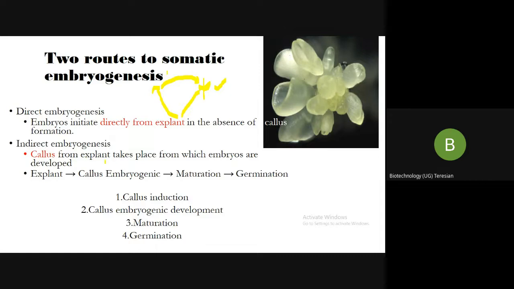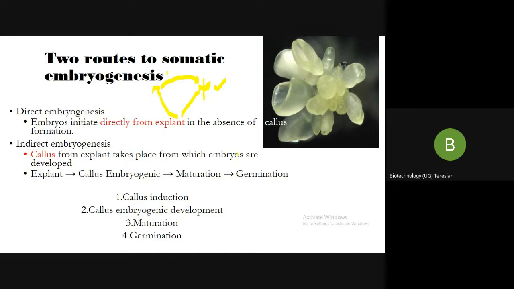From that callus, you are able to produce the embryos. So one extra step is there, that is explant, callus, and then the embryos. So now this is called indirect embryogenesis.